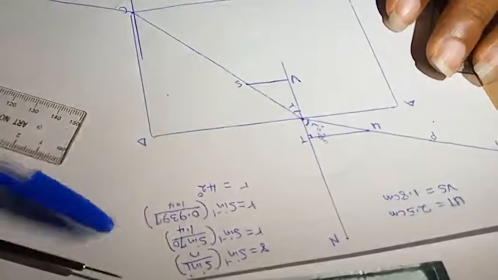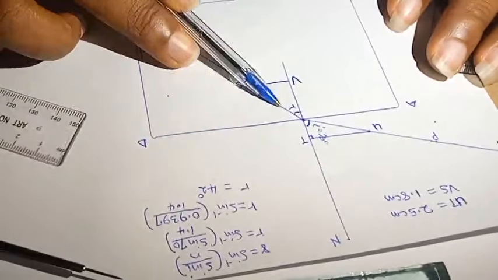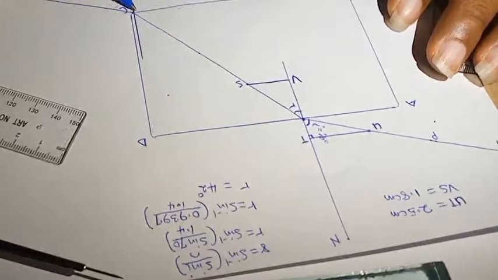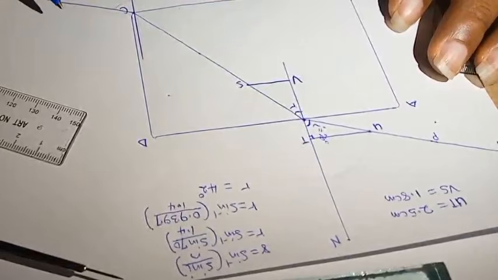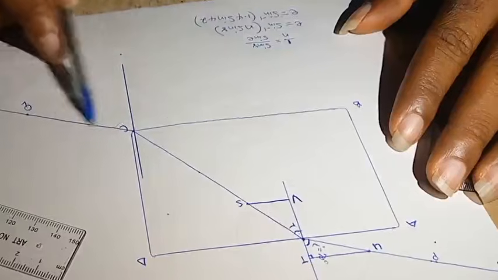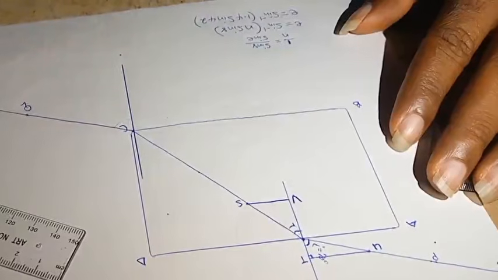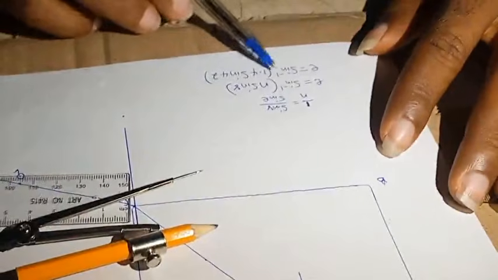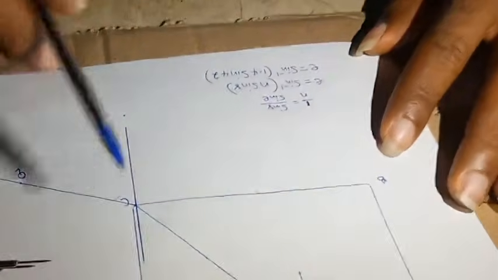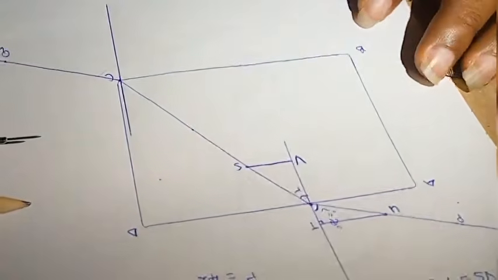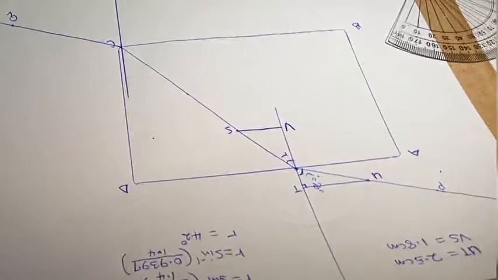The determination of the angle of refraction, because you need to get it so as to be able to draw this refracted ray. And don't forget, like I said, the angle of emergence that will help you to get the emergence ray. You don't need to stress yourself there. I did the calculation here, but you don't need to stress yourself because the angle of emergence is equal to the angle of incidence.